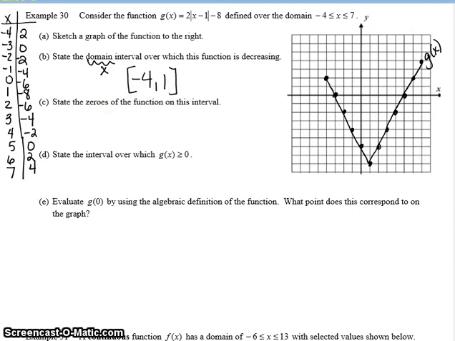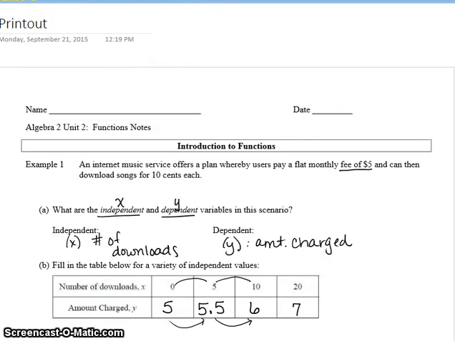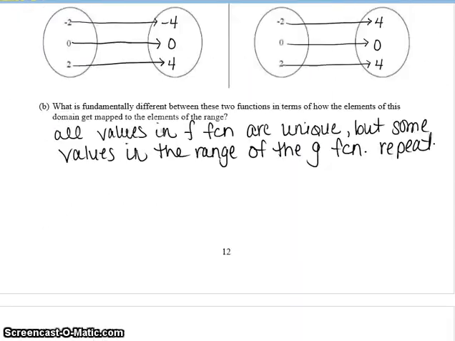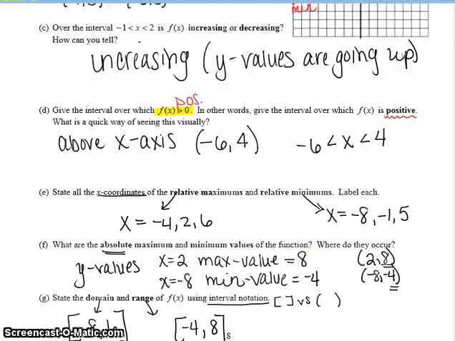Okay, state the zeros. Zeros mean the roots, the x-intercepts. That's where they're crossing over the x-axis, okay, from this interval. Sorry, guys, I didn't mean to do that. Let me jump right back down to that.